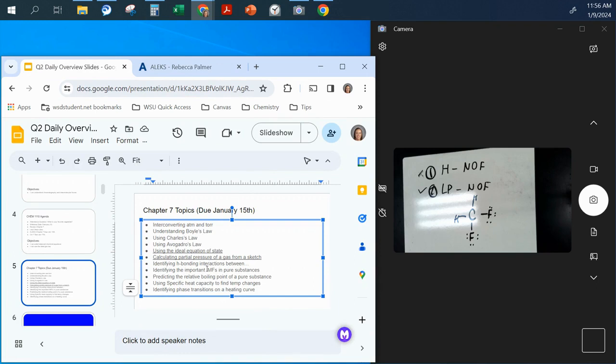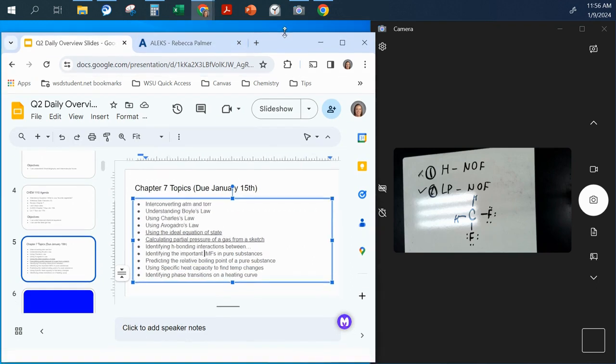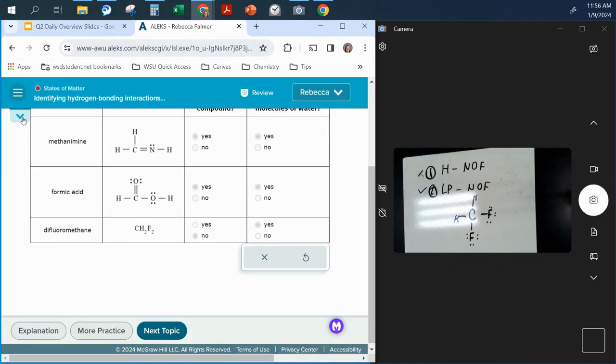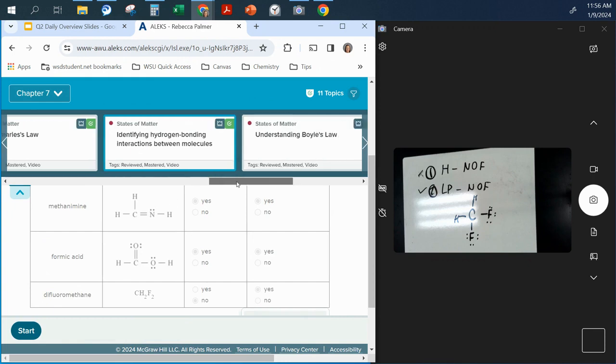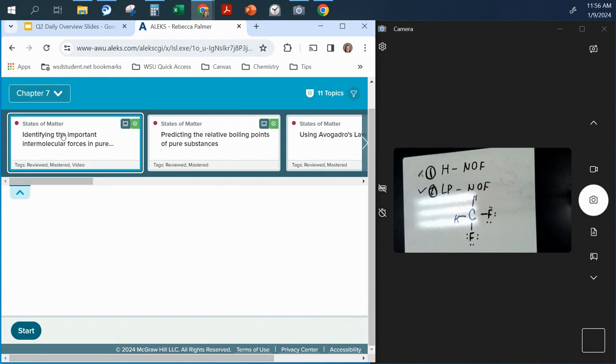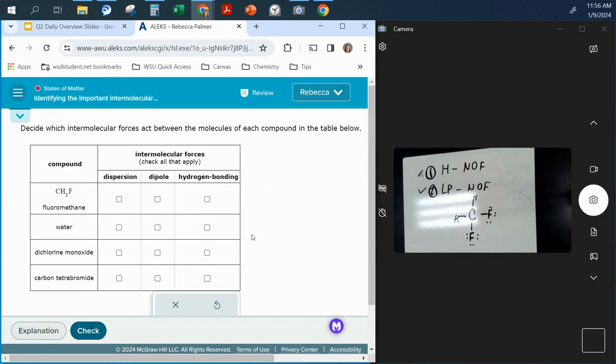Let's keep going. The next one is identifying important intermolecular forces in pure substances. Okay, this is another one where we need to know the structures.